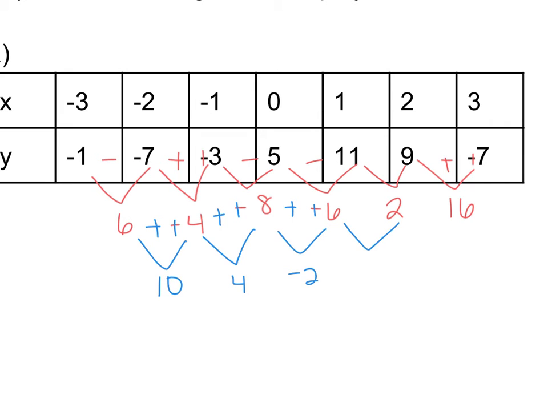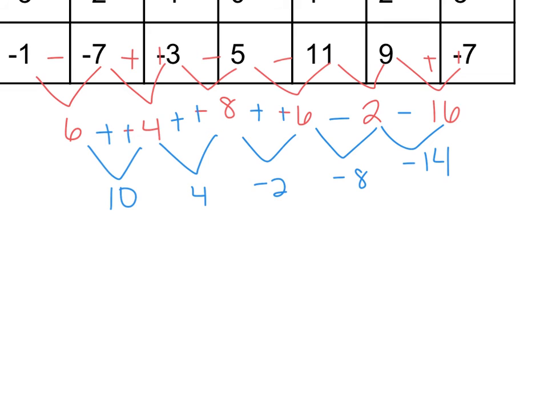And then -6 minus 2 would be -8. 2 minus 16 would be -14. Okay, here we go. We're not consistent yet, so we need to keep going.